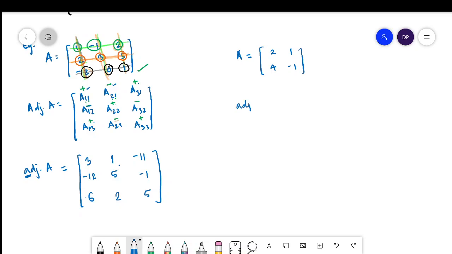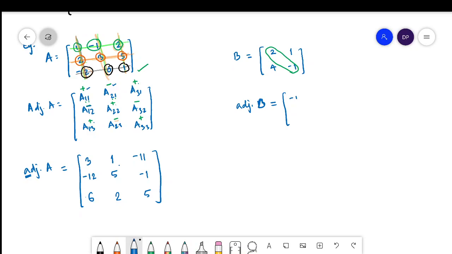If you're asked to find the adjoint of this matrix, let me take this matrix as B. So adjoint of B is equal to... Here, what you have to do is simply interchange the elements in the leading diagonal. This diagonal is known as the leading diagonal. Just interchange the elements in the leading diagonal.